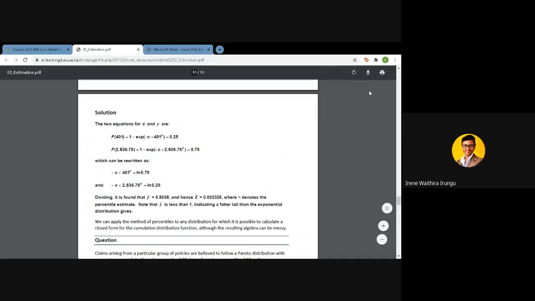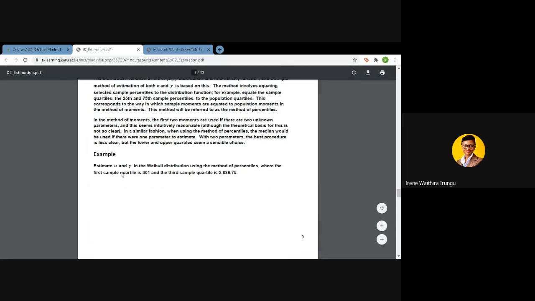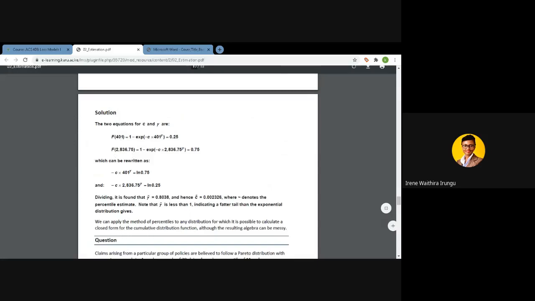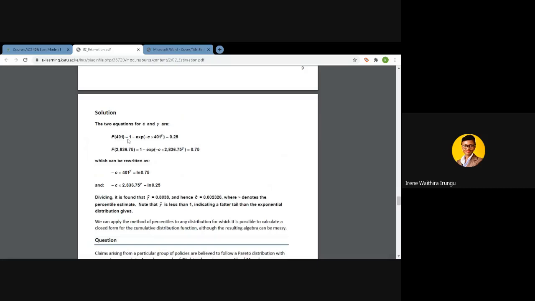So in our case, where the first quartile is 401, our first quartile, which is 401, is simply equivalent to the CDF, or the cumulative distribution function, at 401.